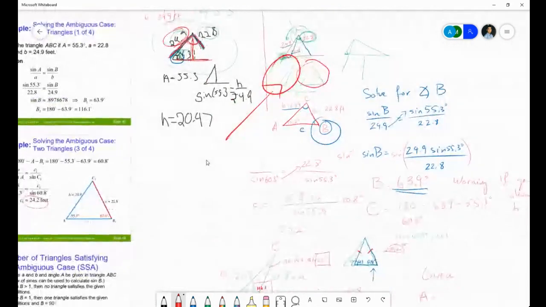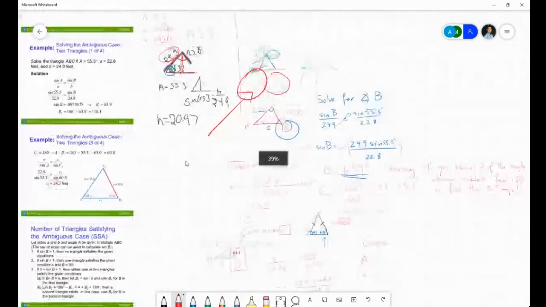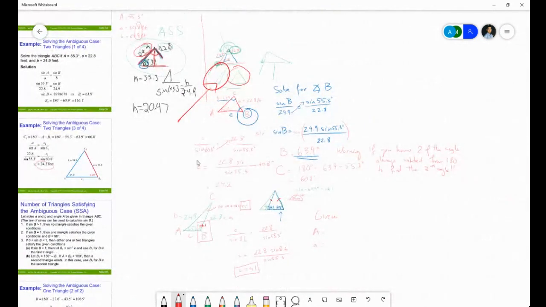Let's just move it over here. So A was 55.3 degrees, a was 22.8 feet, and b was 24.9 feet.